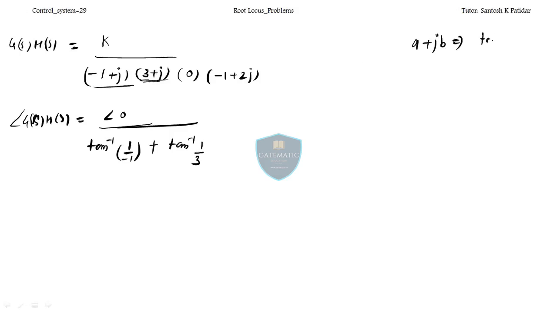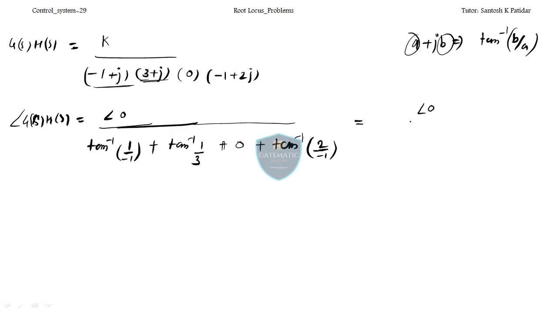Contribute the angle tan inverse B by A. B is the imaginary part and A is the real part. The third one is, this is 0, so it will be 0. And the next one is plus tan inverse 2 by minus 1. So this is 0, tan inverse minus 1, 135, don't write it minus 45, minus 45 is wrong.